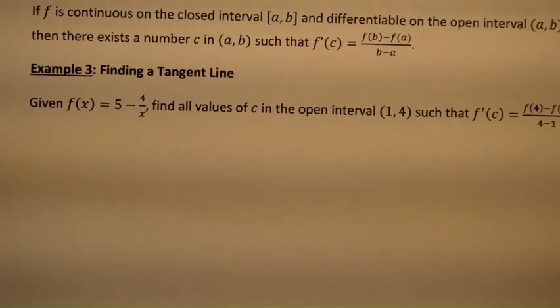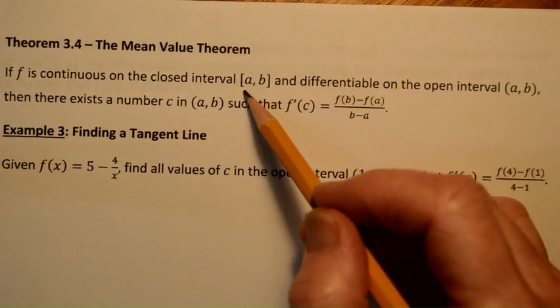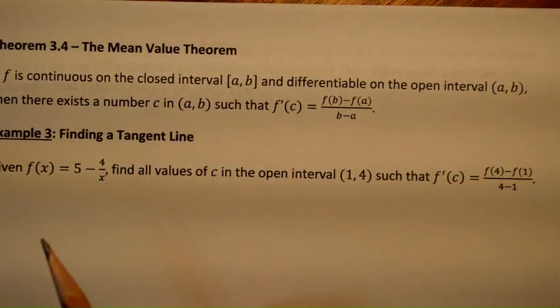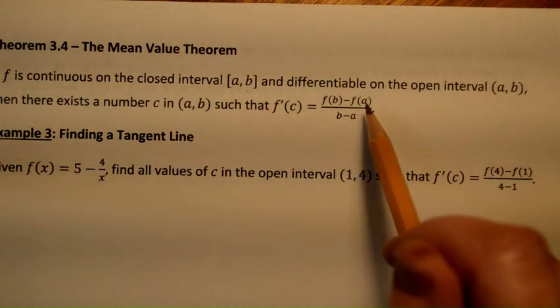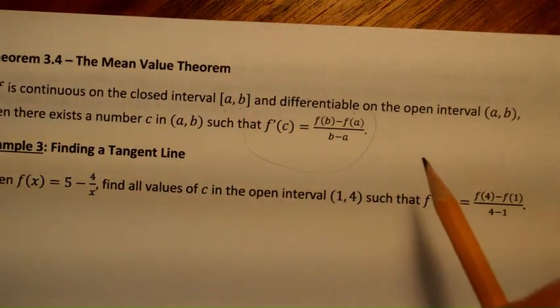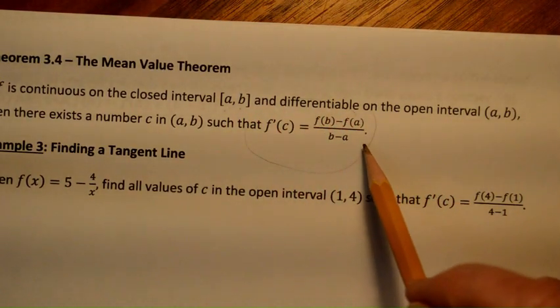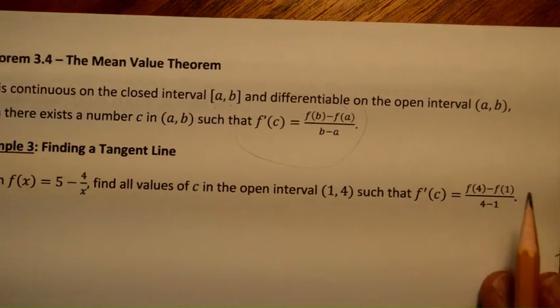Now, the mean value theorem, again, is removing a requirement that f of a has to equal f of b. But it does add something at the end that's going to make it a little bit more work. So at the beginning we have less to check, but at the end, how we find that c is going to be a little bit more difficult.